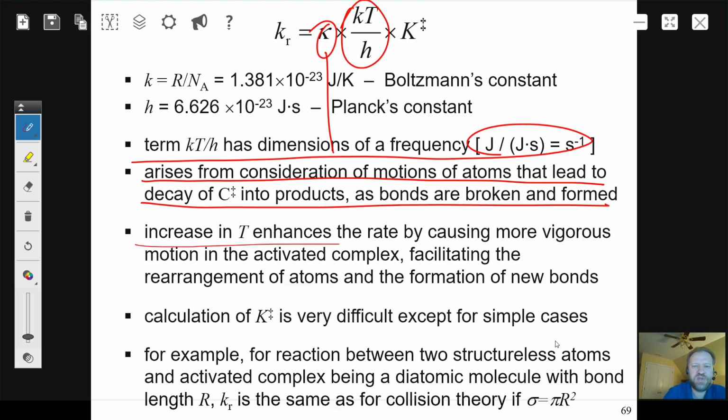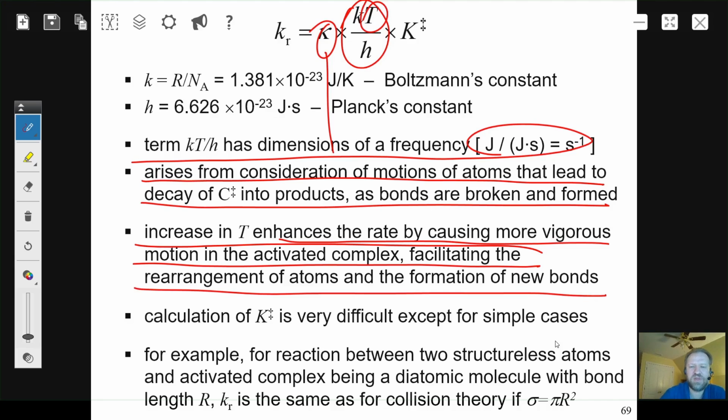Now, an increase in temperature, and notice temperature is in the numerator, enhances the rate by causing more vigorous motion in the activated complex, which facilitates the rearrangement of atoms and leads to the formation of new bonds. So it is expected for the increase in temperature to increase the magnitude of the rate constant.